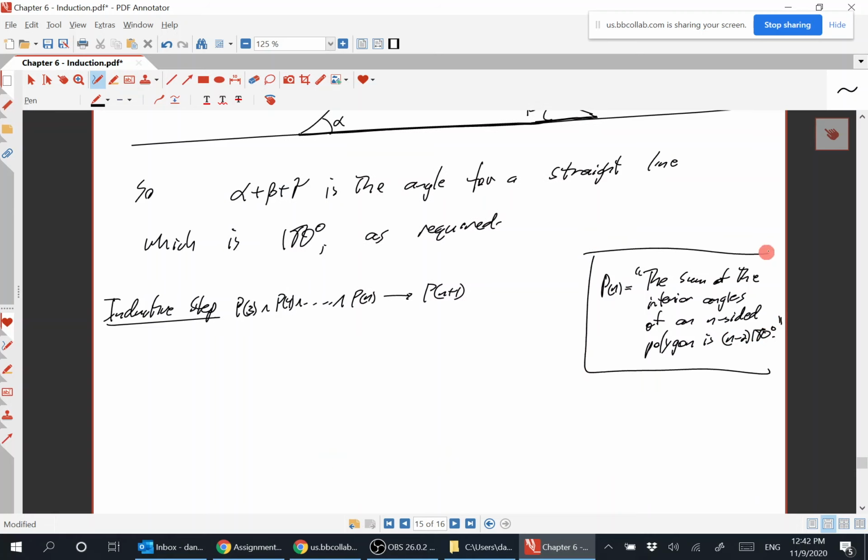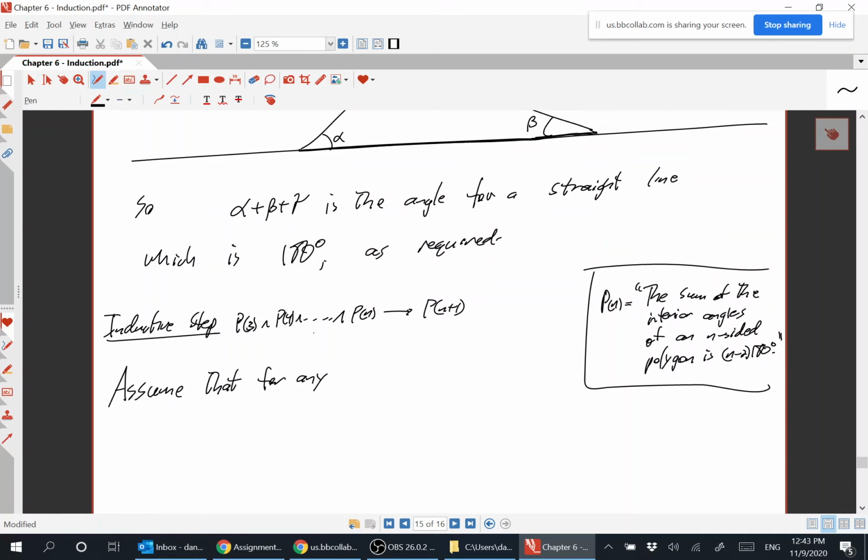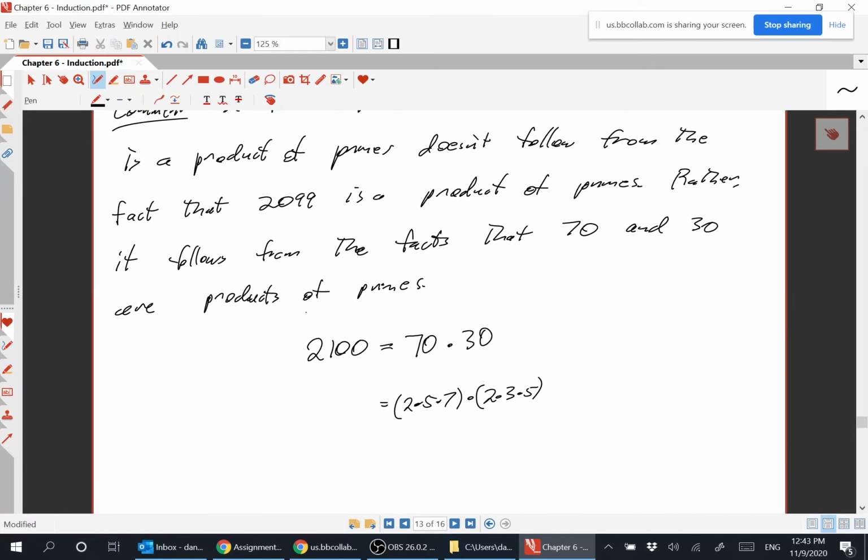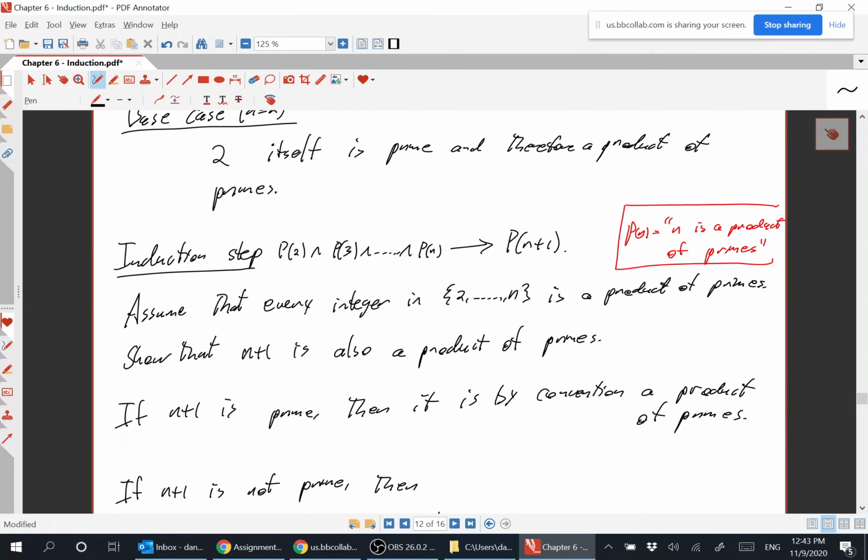So how do we write down the induction hypothesis? Assume that for any, what? How did we say it up here? There's a little bit of a twist in it this time. Assume that every integer in the set from 2 to n is a product of primes.